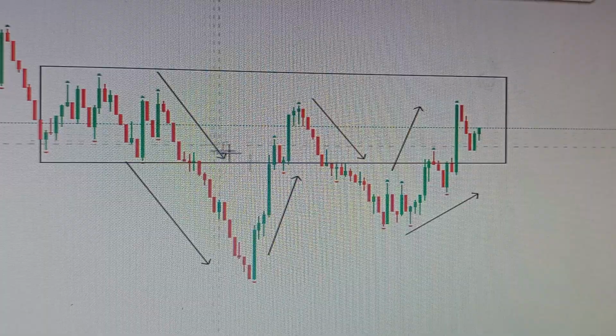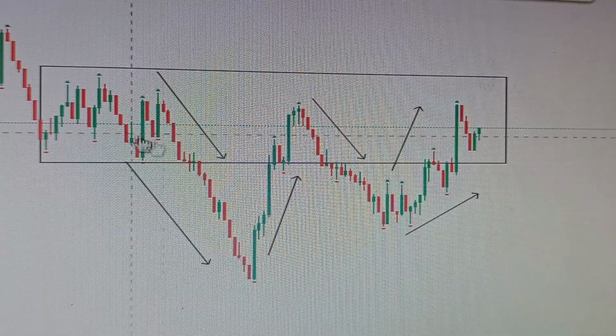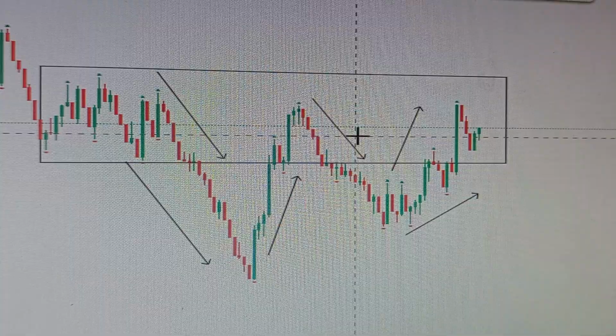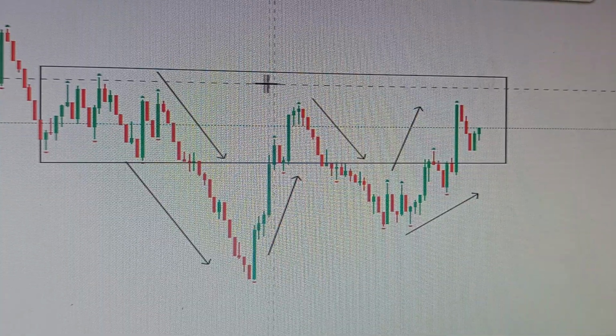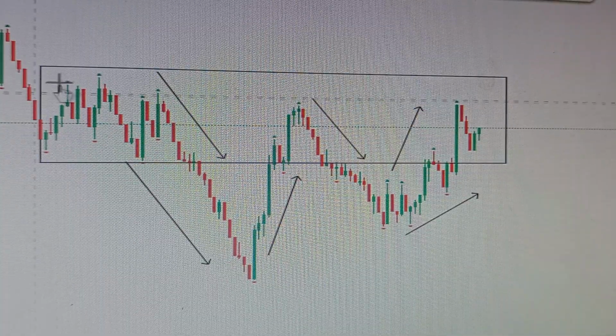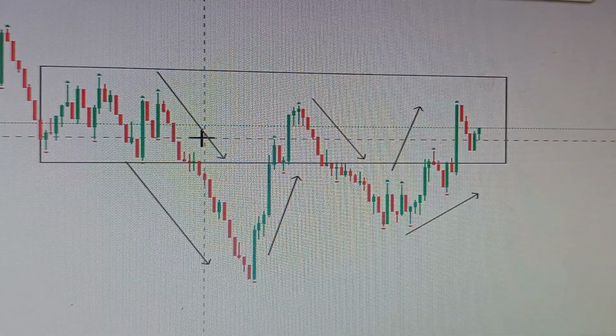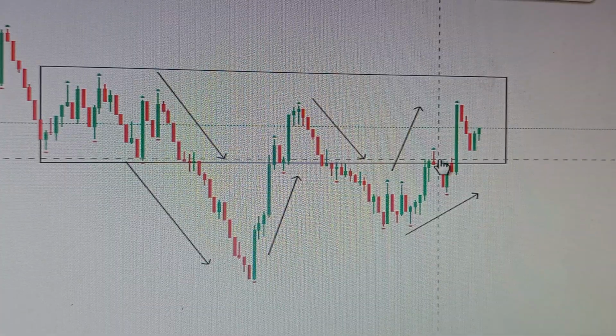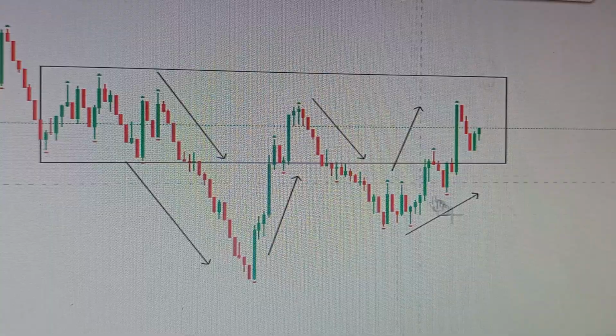So this is an area that the market had to use as a supply zone, like our accumulation, our distribution level on this area.